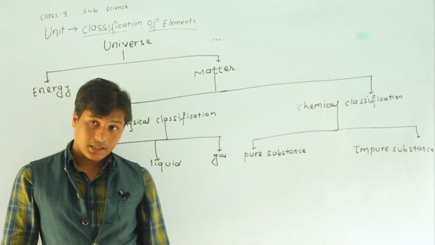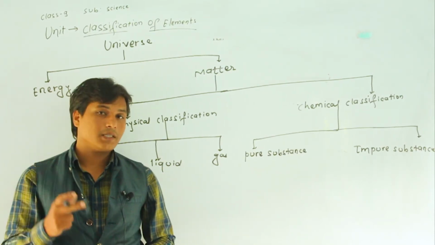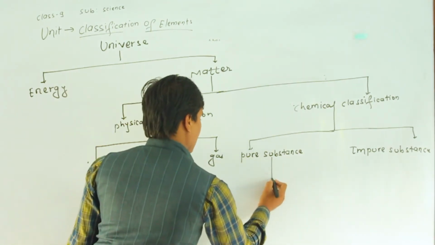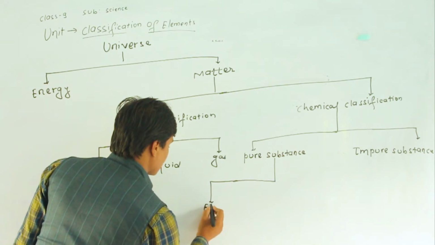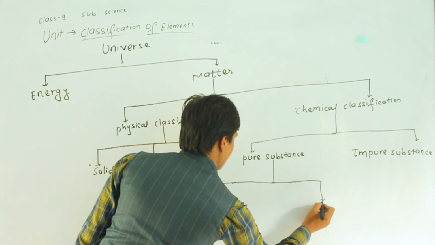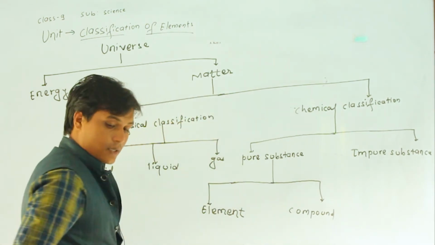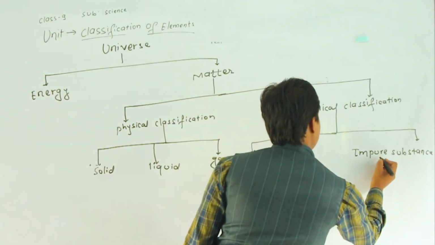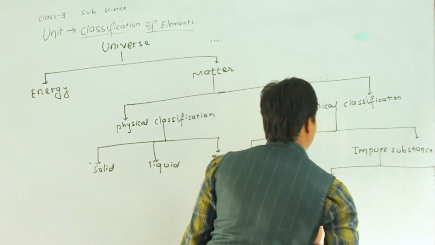Further, pure substance is also divided into two parts: element and compound. And impure substance is actually a mixture. Don't be confused.